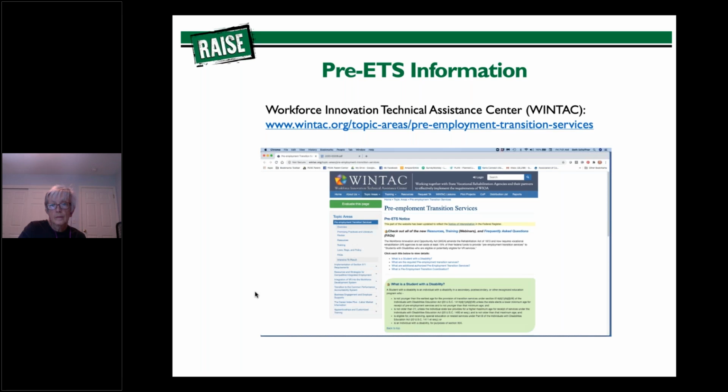So we're working very closely as a part of that team, and Pre-ETS has been on our state level transition work group along with Families Together. And so we're that voice of parents and helping parents understand, and then helping others understand the parents, how to work with parents, and not just parents, but those transition age youth.